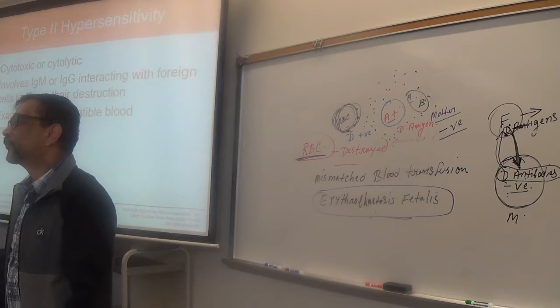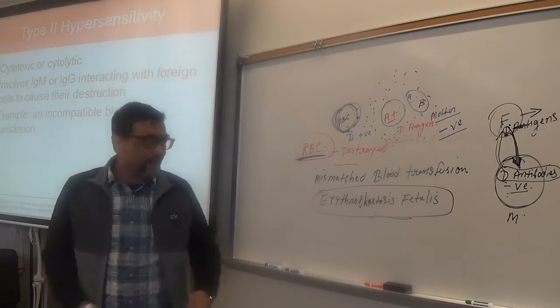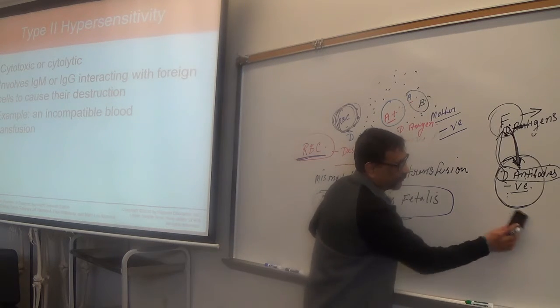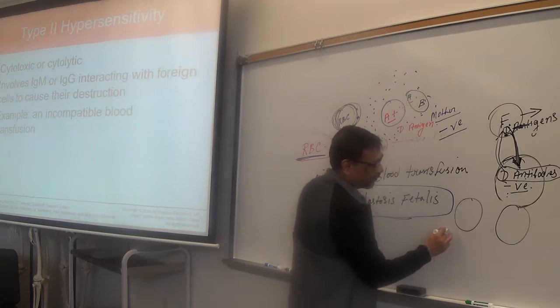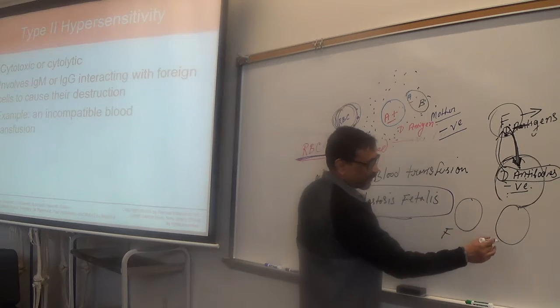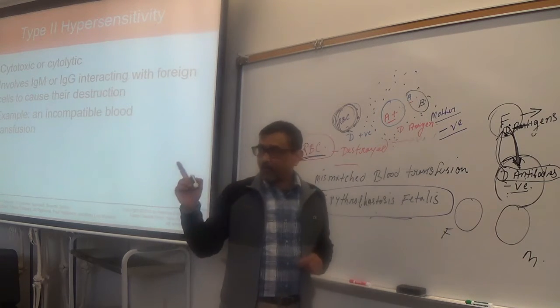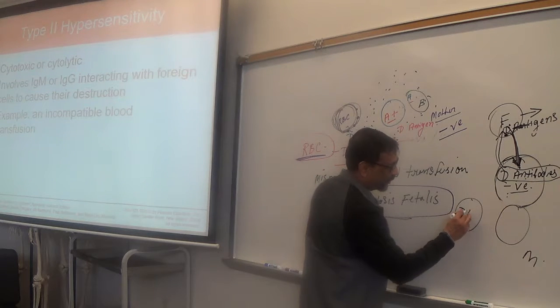So in which pairings would this potentially occur? It depends on the DNA. So if this is the father and this is the mother, if the father is positive, that means D, we say DD.